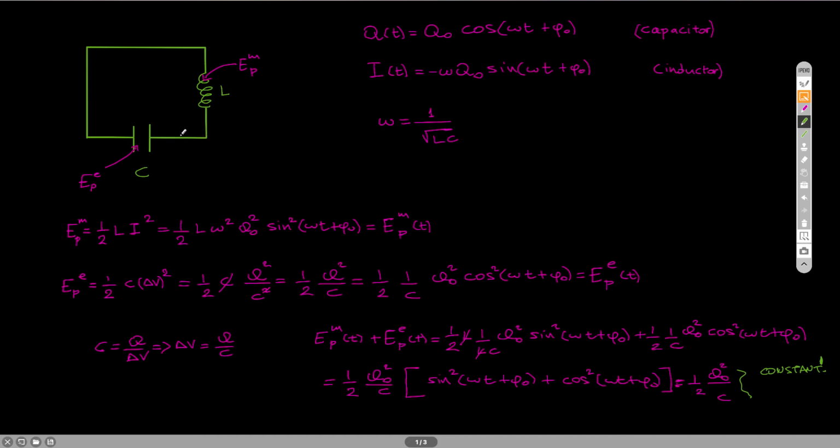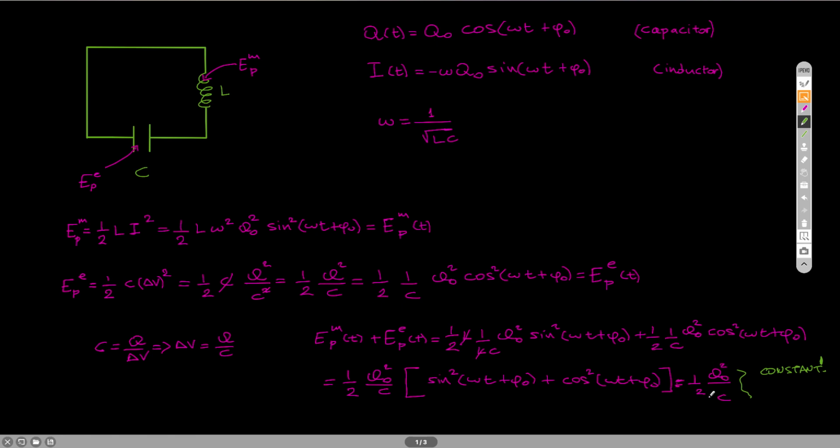In reality, there is a small potential difference across the wires that we use to make the circuit. So when you construct an LC circuit, yes, you will lose some energy. It will be a little bit, but you will be losing it as time goes by. Now, in theory, where we assume there is exactly no resistance, the sum of the two potential energies stays constant.